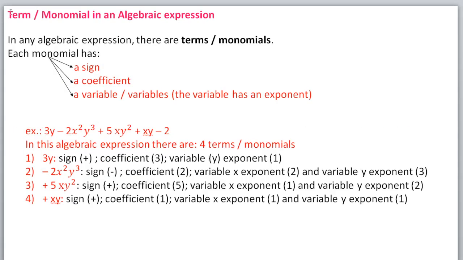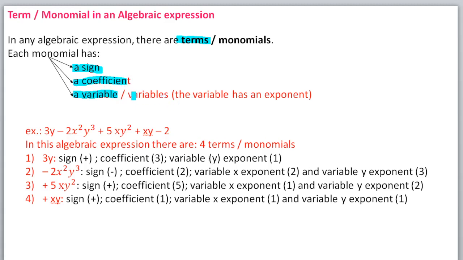So, term or monomial in an algebraic expression. In any algebraic expression, there are terms or monomials. Each monomial has a sign, either positive or negative, a coefficient, which is a number, and a variable.